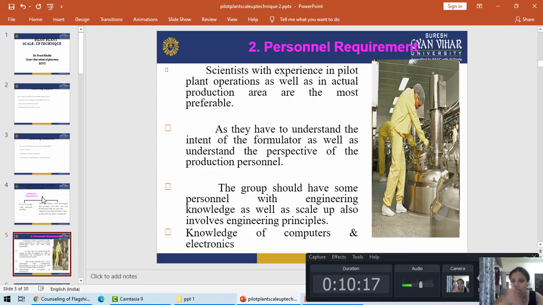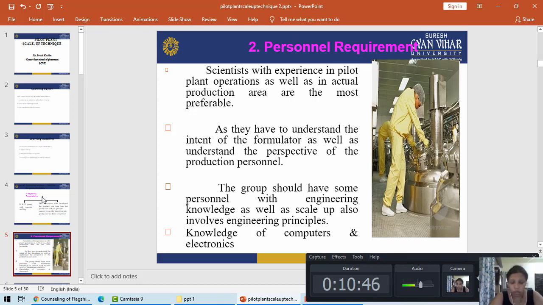Similarly, he has to keep in mind that the formula has come from R&D, so he has to pass it, correct it or modify it so that it won't go back into R&D, and he has to transfer it to the formulator for the large manufacturing. So he has to consider both things.